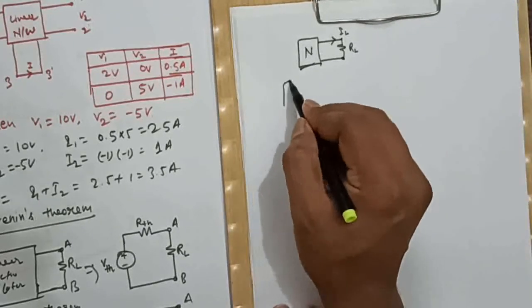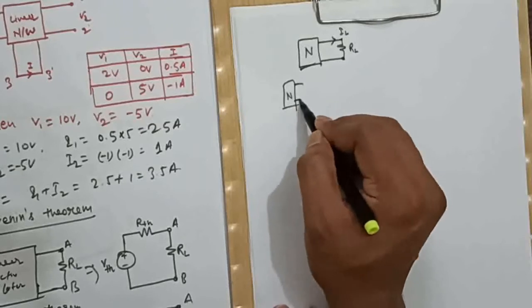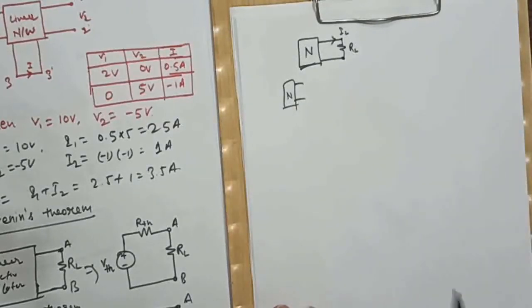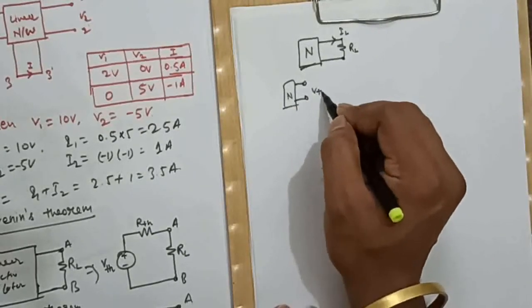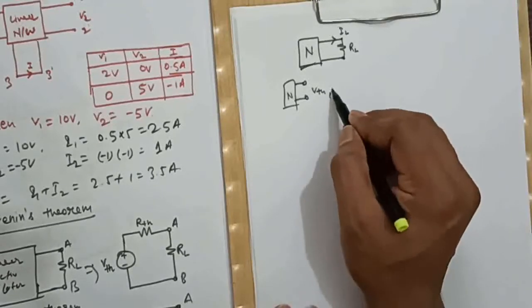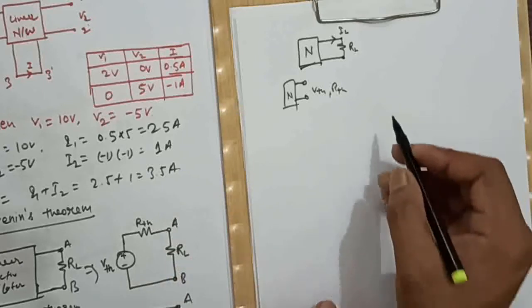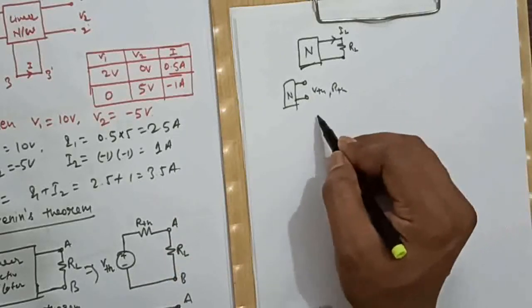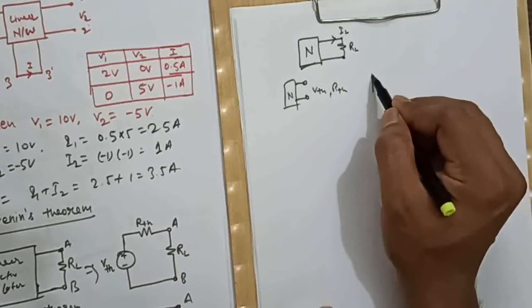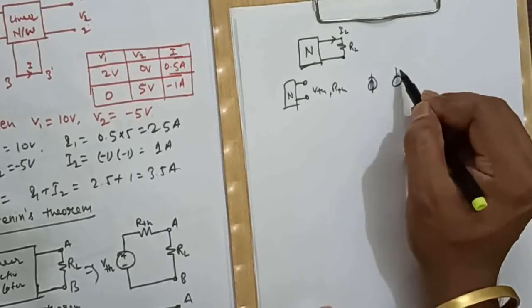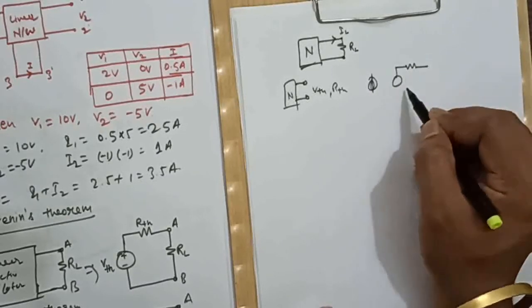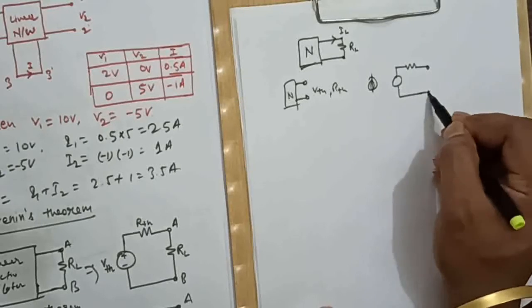We have to remove this RL, find VTH, find RTH, and then replace this circuit by a voltage source in series with RTH.